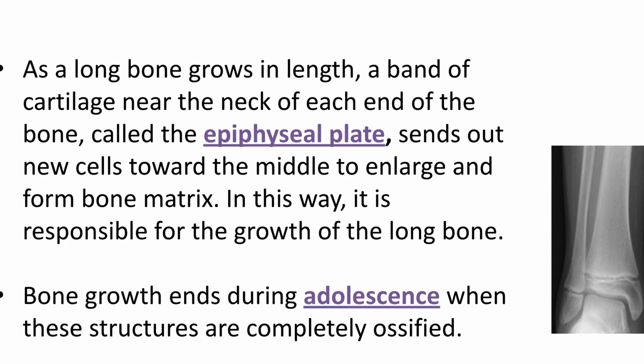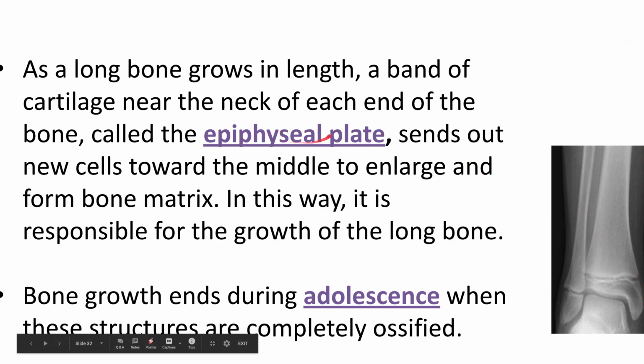And so this is really a repetition of what I just described, which is that as a long bone grows in length, that band of cartilage near the neck of each end of the bone, called the epiphyseal plate, so this plate that you see here in this distal region of the tibia and the distal region of the fibula, lies in the epiphyses, or the ends of long bones, with the diaphyses being the bits in between the two epiphyses on either end.